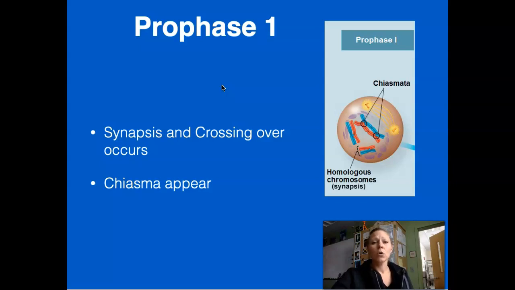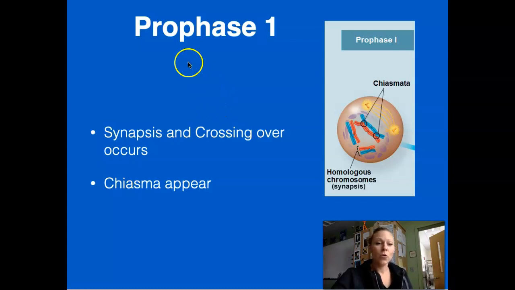Here in meiosis, we need to halve the number of chromosomes in each cell. So we're going to start with 1 diploid cell, and we're going to end up with 4 haploid cells.